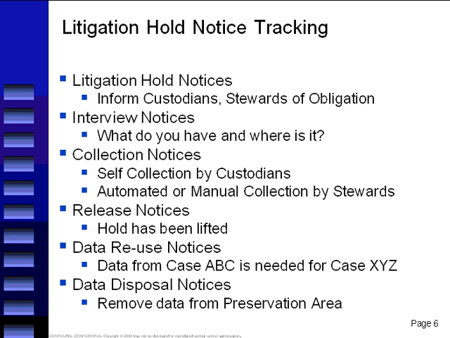This could be anything from manual tracking through spreadsheets or lists, through a minimum level of automation through the use of their email clients to be able to track these notifications back and forth. But what we're seeing is that there's a large set of tools out there now, and organizations or these companies are coming up with solutions that could be considered to actually help track these different types of notices that will be part of a litigation hold.